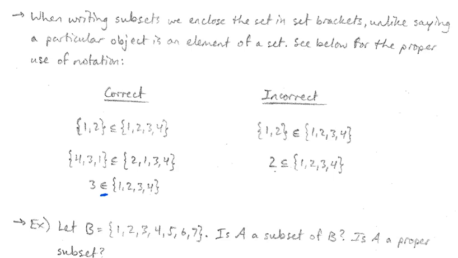You separate them by commas if you're taking more than one, and you enclose all those guys inside of set brackets. When you have set brackets on it, then you put the subset symbol. You put this guy right there.